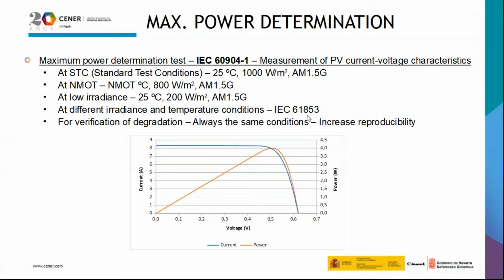There is a standard which describes different possible conditions of temperature and irradiance. Another important point is that if you want to verify the degradation, like for example in the 6.12.15, it's important to do the measurements always at the same conditions. That way you can increase the reproducibility of your results.